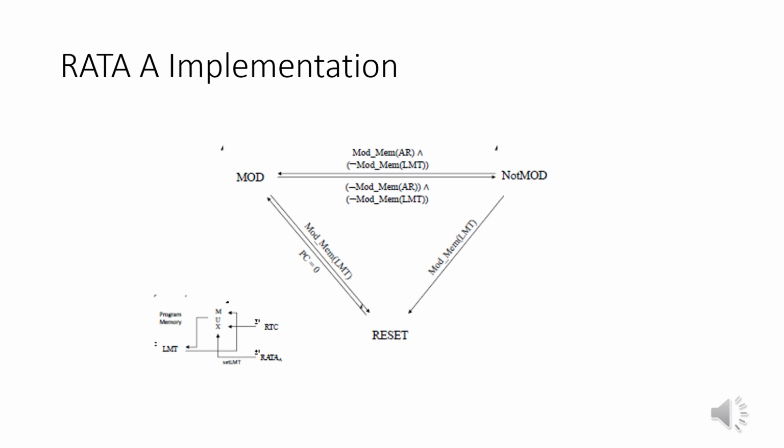The state machine works by monitoring write access to LMT and transitioning to reset whenever such attempts happen. When the system is running, the state machine also monitors write access to the attested range and transitions to the mod state whenever that happens. The state machine transitions back to the not mod state if the attested range is not being modified.